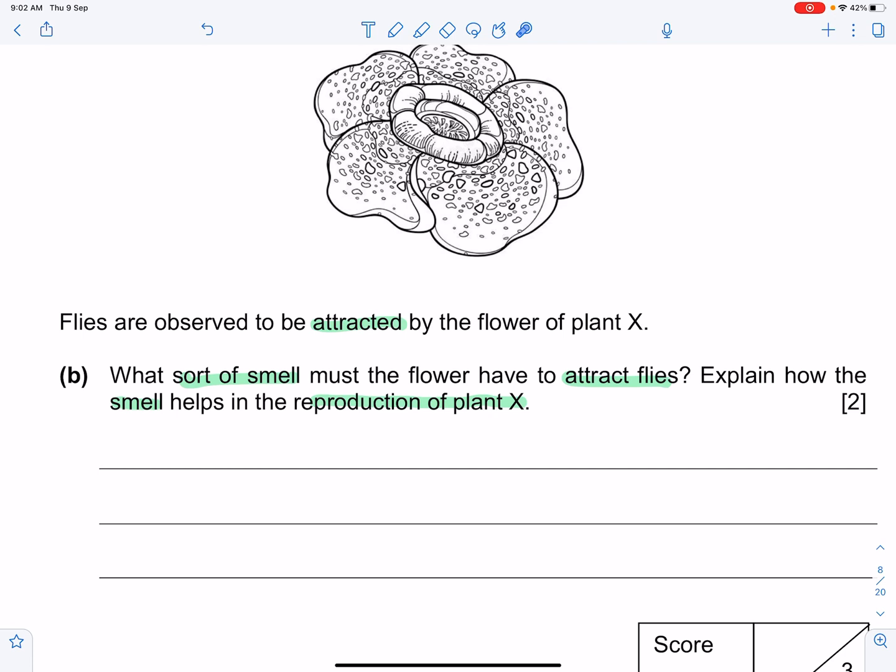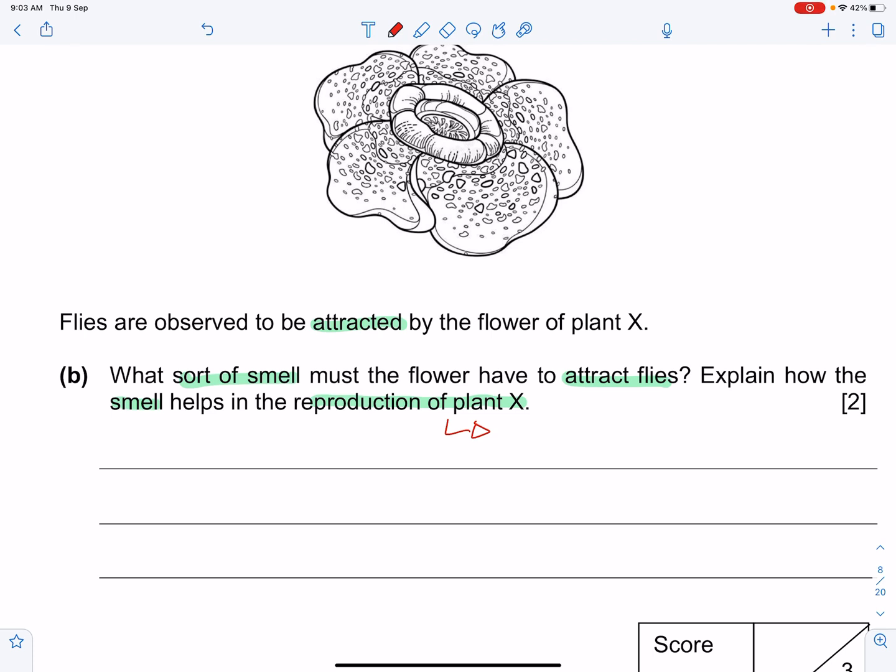Then after that, let's talk about the second part, about how it helps in the reproduction. You are attracting this animal to it. Now, whenever you want to attract insects or animals, there's only two processes that need it. It's either pollination or dispersion of seeds.